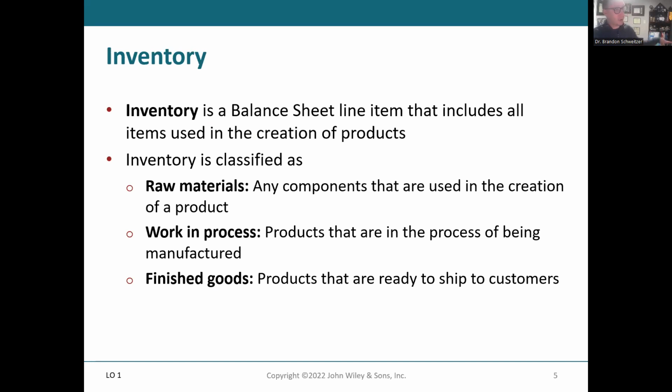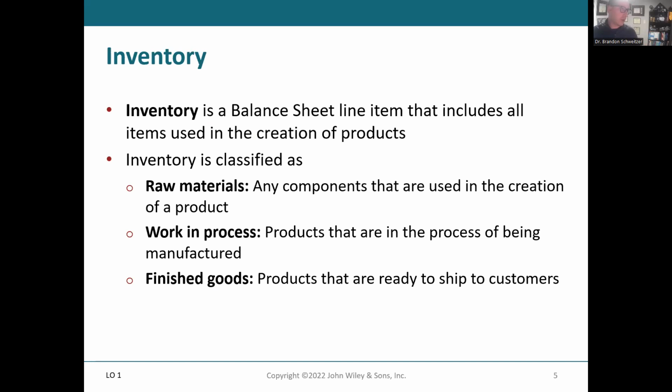We then take those raw materials and we put them into what we call work in process. This is where we're in the process of baking the cookies, right? We're using the sugar, yeast, flour, eggs, etc. Mixing that all together, work in process, right? We're baking, that's all work in process. And then, of course, we start packaging, also work in process.